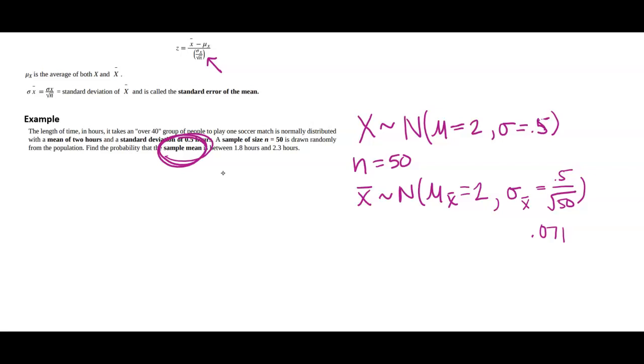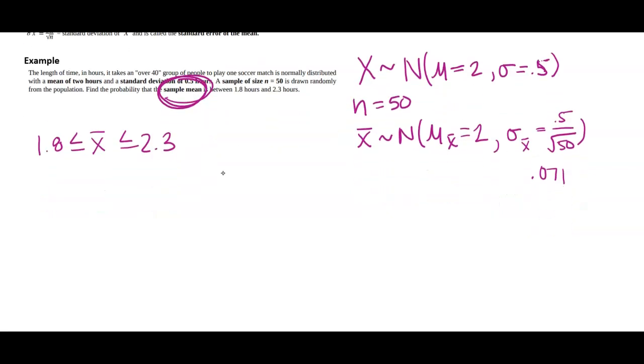So what's the probability that a sample mean is between these two numbers? Well, I need two z-scores, since I have two sample means.